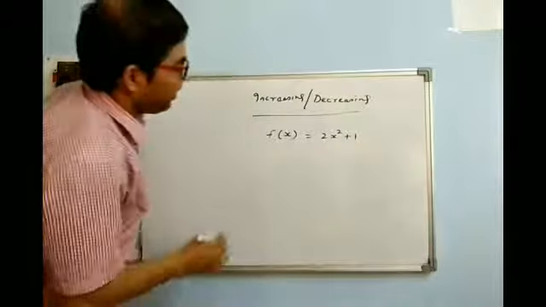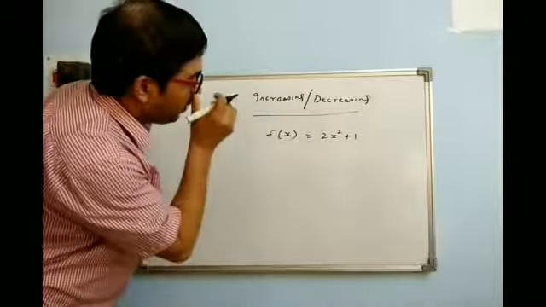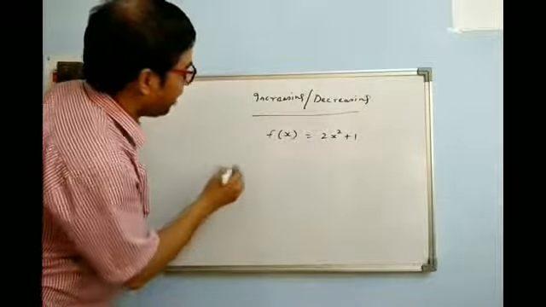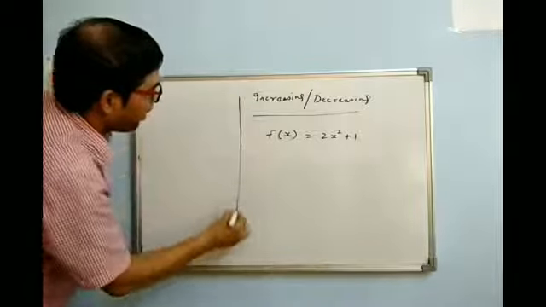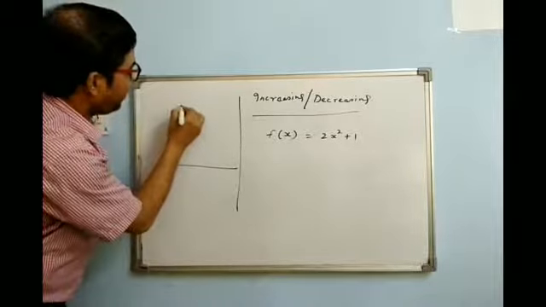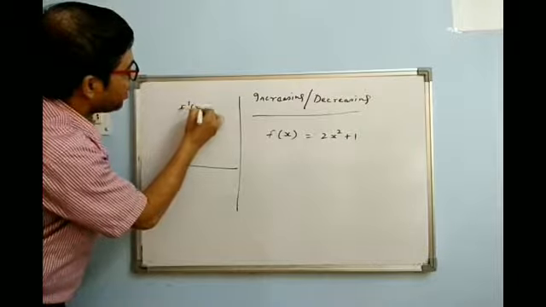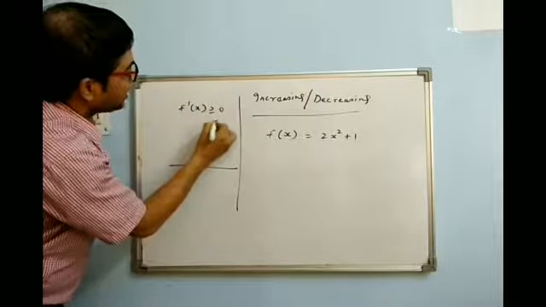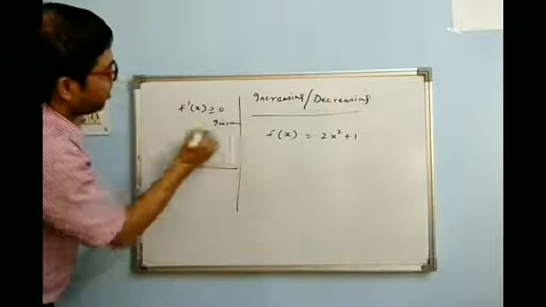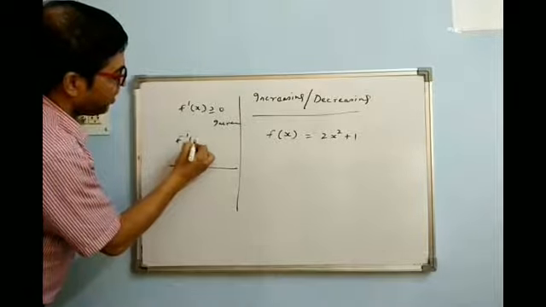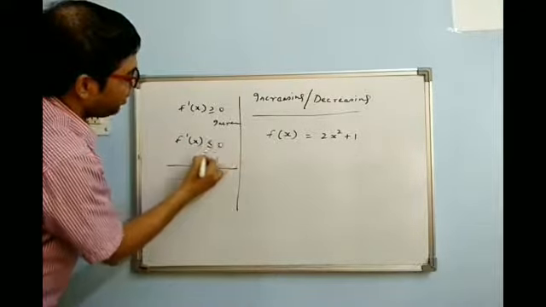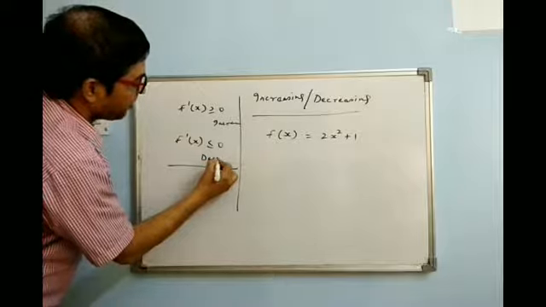We have to determine in which interval it is increasing or decreasing. Keep a rule in view: when f dash x is positive, the function is increasing. When f dash x is negative, the function is decreasing.